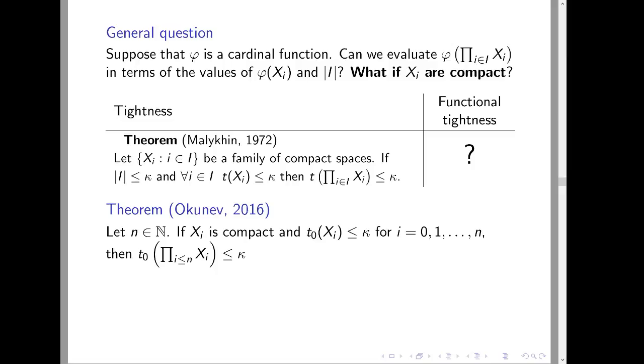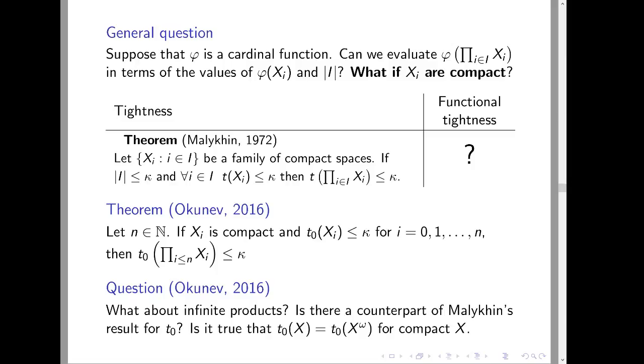But he was not able to extend this result to infinite products, and note that Malykhin's theorem says something about infinite products. So he posed this question: what about infinite products? Is there a counterpart of Malykhin's theorem for functional tightness?